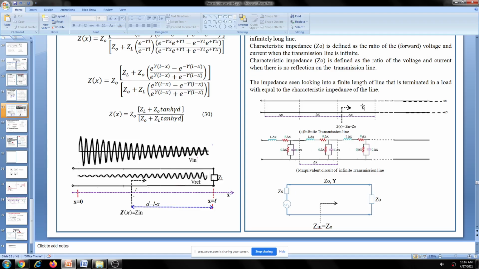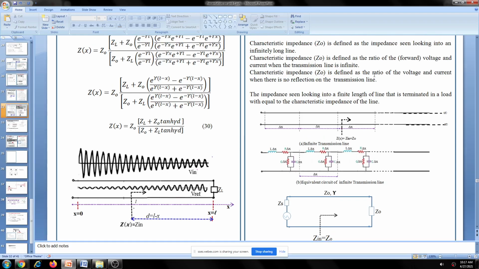That is the ratio of V of x divided by I of x. Sorry, the impedance. So that ratio gives the characteristic impedance. It is the ratio of voltage to current on an infinitely long transmission line. Or it is also the ratio of voltage to current when there is no reflection on the transmission line.